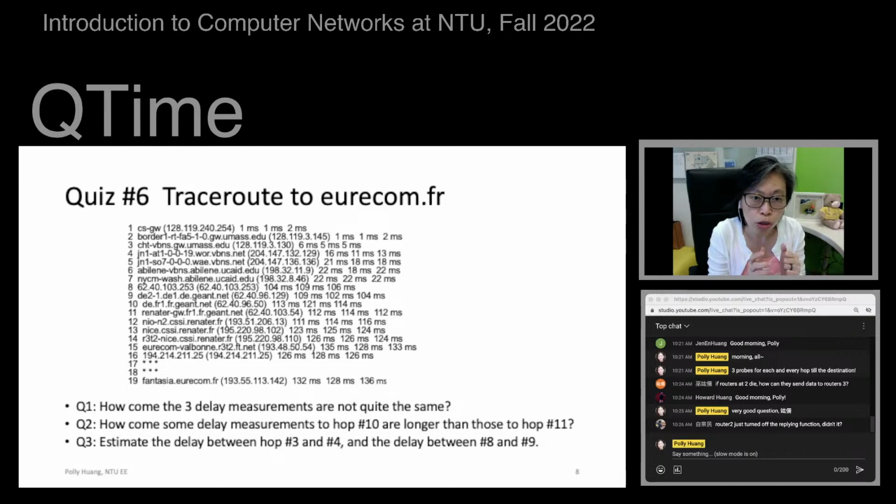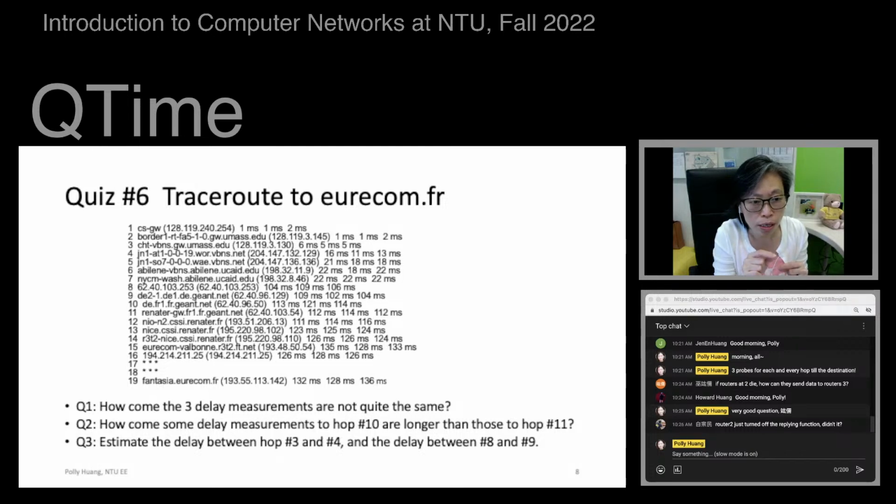Q2. This you should be able to answer as well if you pay attention to the video. How come sometimes delay measurements to a hop that's closer, for example, hop 10, if you read the row that says 10, the 3 measurements are 113, 121, and 114.